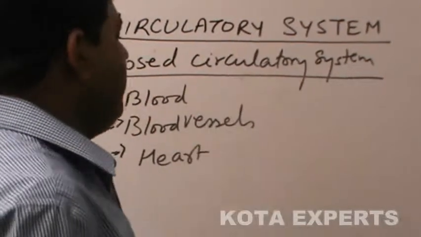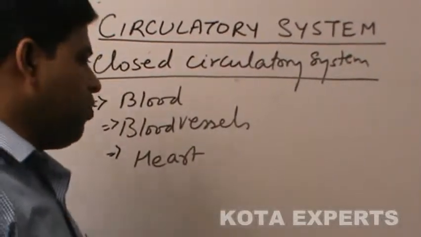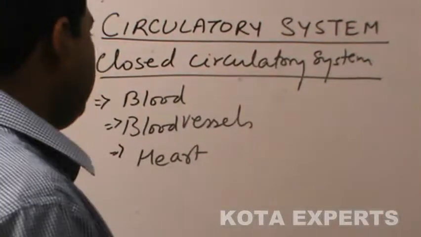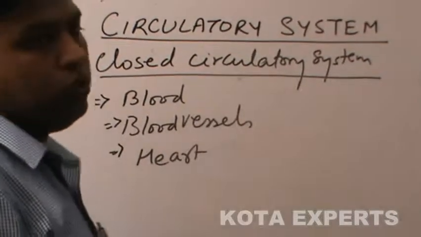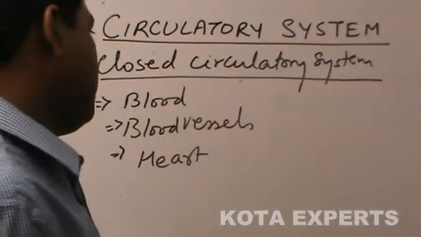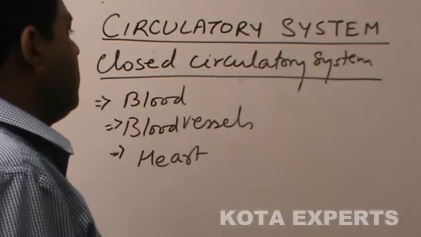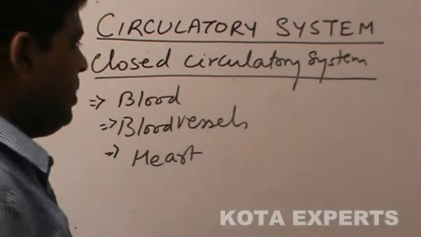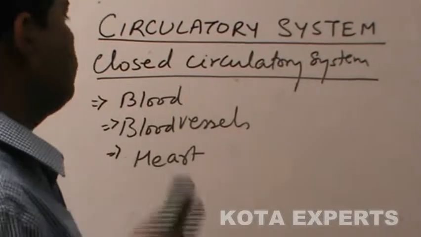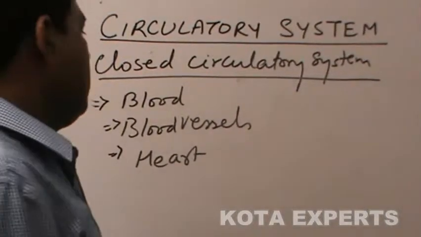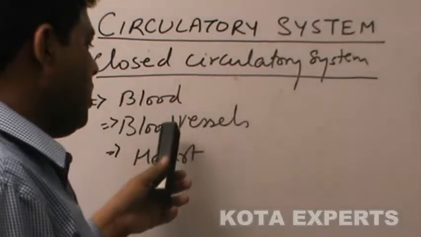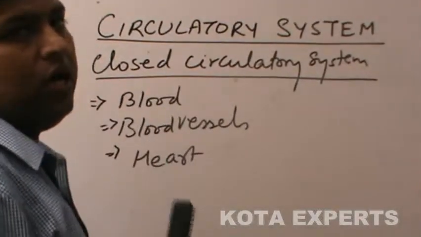In this, the blood and the lymph flow in the vessels. That is why it is known as closed circulatory system. As compared to the open circulatory system, the pressure in the vessels is much more than in the lacunae.